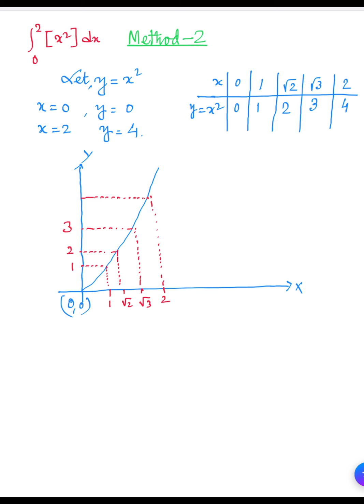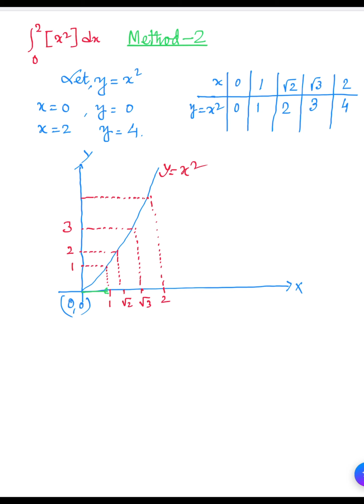The greatest integer function is always discontinuous at the integer points. This is the hypothetical curve of y equal to x square. The value of greatest integer of x square is 0 when x varies from 0 to 1.